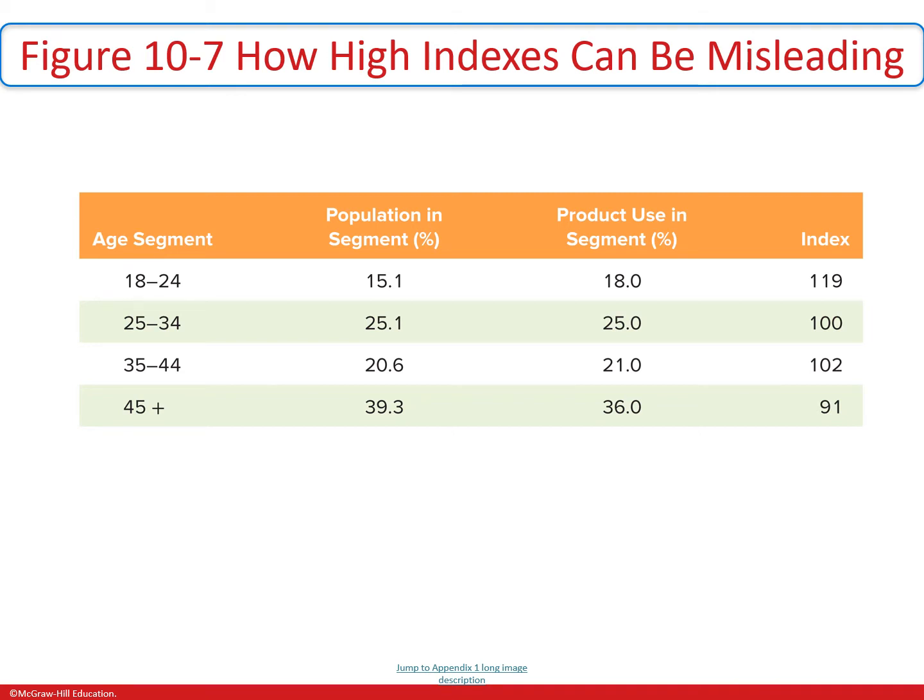So you can't just look at the index numbers when you are saying, okay, yes, high index numbers normally indicate strong market potential, but at the same time, you want to make sure that you understand what the percentages look like, because again, sometimes the indices can be high, but that's because the percentages themselves were low, and it's math. When you work the fraction, you're going to get a big number, right?